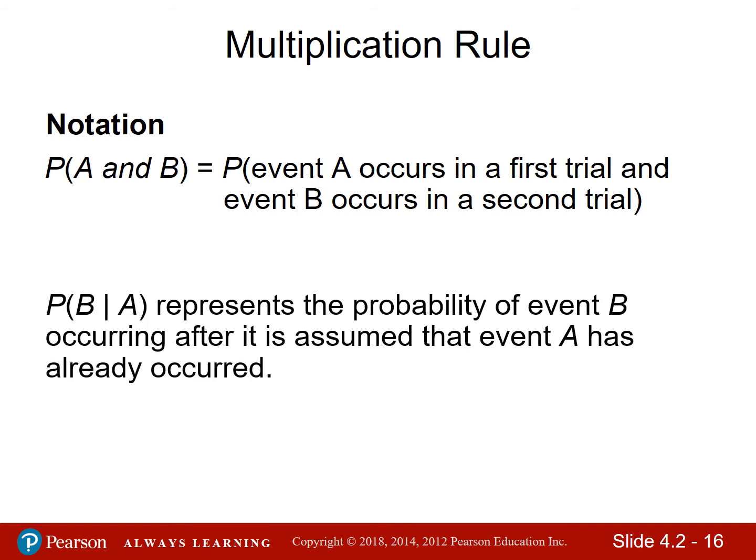P of B given A means the probability of event B occurring after it assumes that event A has already occurred, or P of B with respect to A. So we want to find P of B.